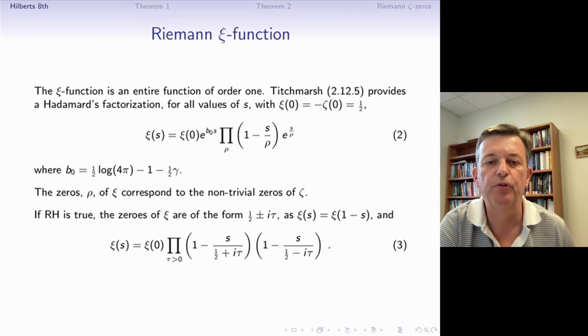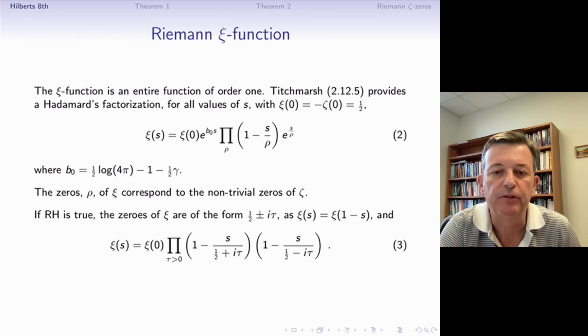So let's first talk about the xi function. We need to understand the zeros of the xi function, and that will tell us about the non-trivial zeros of the zeta function. A classic book by Titchmarsh on the theory of the Riemann zeta function provides a good summary of all previous known results.